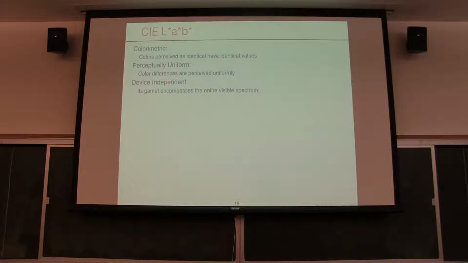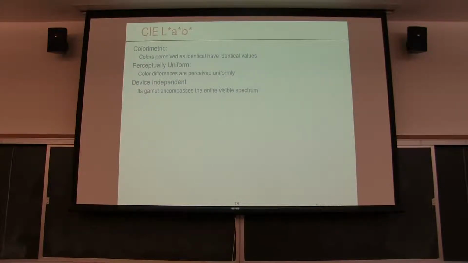So we want a way of capturing the relative difference between colors. If I think that these two colors are different by this much, and these two colors are different by the same amount, I want to be consistent with the way that humans perceive that.